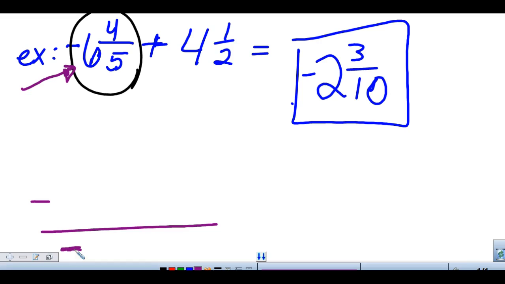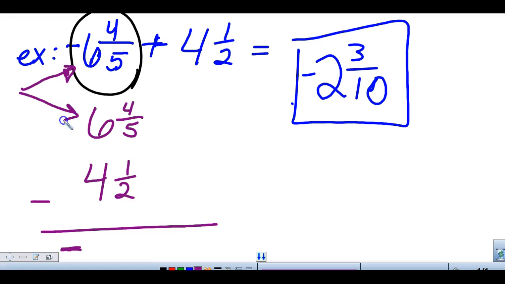Step 3 then takes it a bit further and says, hey, you dealt with the negative. Let's do this problem like you would normal fractions, making sure that larger value is first. Setting it up, we need a common denominator in order to subtract.